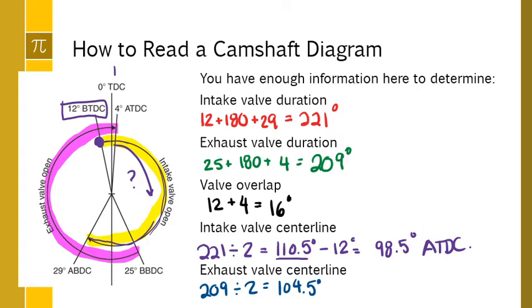Okay, so I want it relative to that 0 degrees before, after, whatever. And I know that my exhaust valve closed a little late. So there's my correction again. 104.5 minus those 4 degrees to move it back. And that will take me to 100.5 degrees before top dead center. So those are where those center lines are.